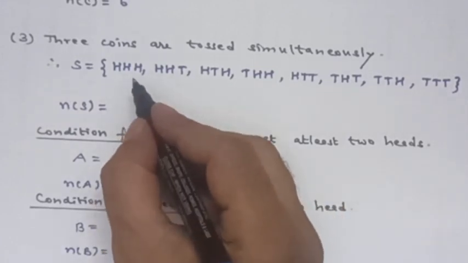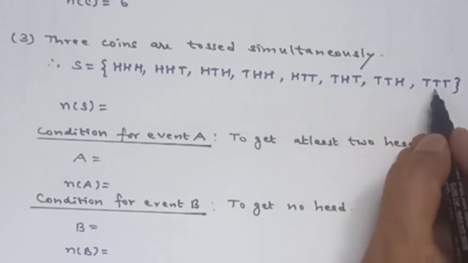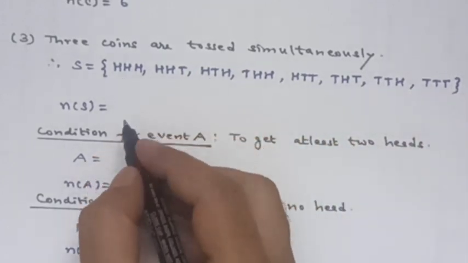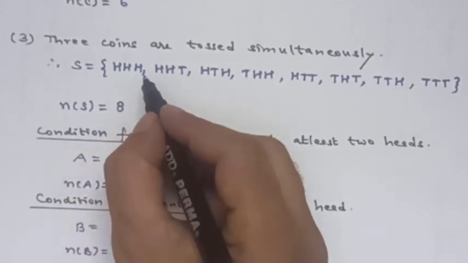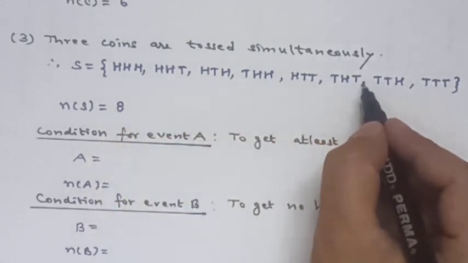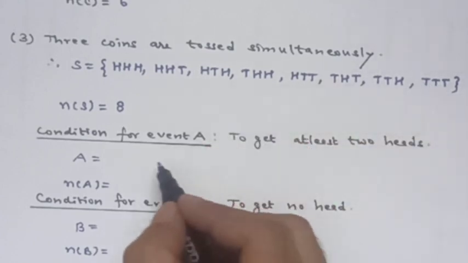So you can say 3 heads, 2 heads, 1 head, no head, or 3 tails, 2 tails, 1 tail and no tails. You just count, you will get 8. So write 8. Number of sample points 8: 1, 2, 3, 4, 5, 6, 7, 8. We'll consider the conditions of all the events and you will get all the answers in your sample space.